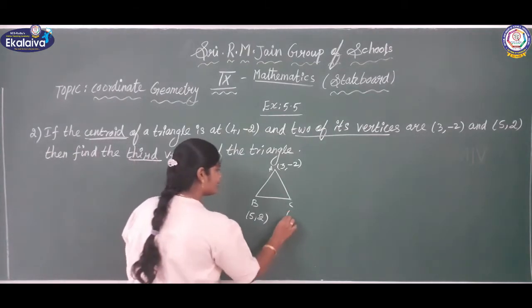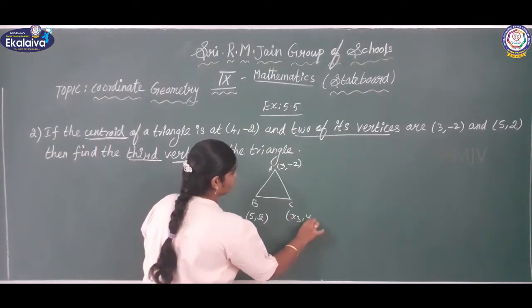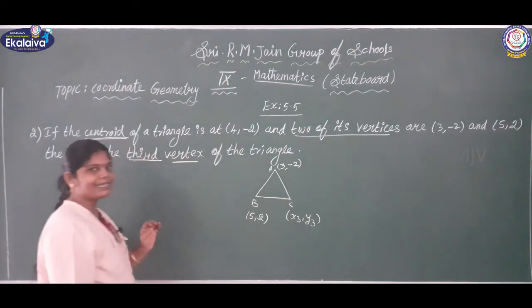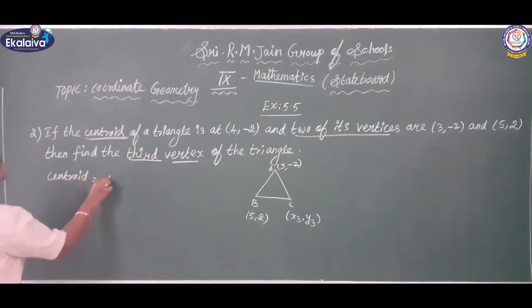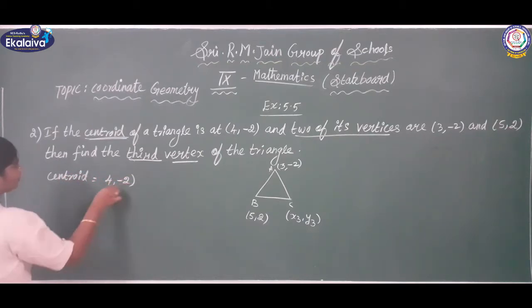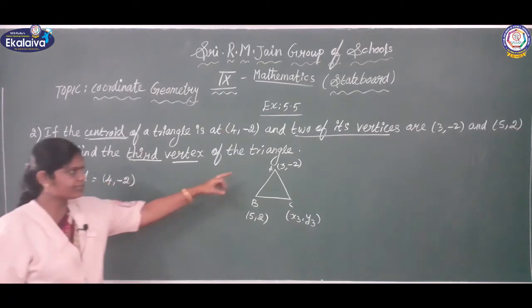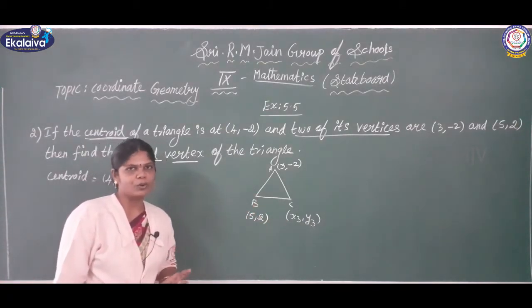Let us consider it as x3, y3. Then centroid is given. So centroid equal to (4, -2). Then two vertices are given. The third vertex we are going to find.